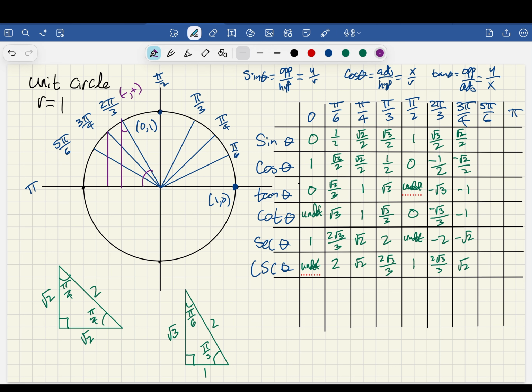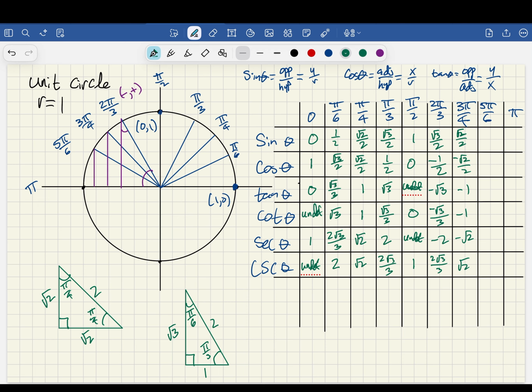Now, moving on to 5 pi over 6. Drop a vertical to the x-axis. And we again wind up with a triangle that has internal angles of pi over 6 and pi over 3. So, our trig function values will be the same as those for pi over 6, since the reference angle for 5 pi over 6 is pi over 6, except that the cosine, tangent, cotangent, and secant will be negative.